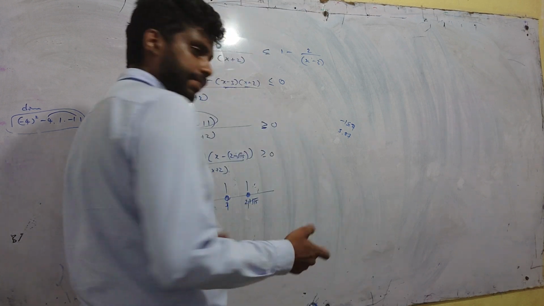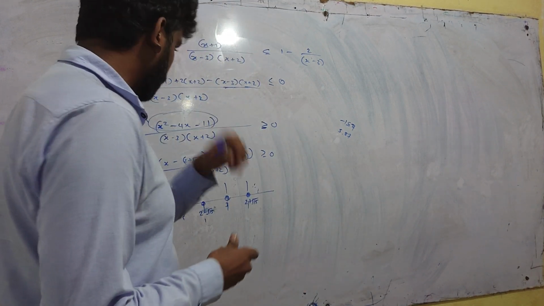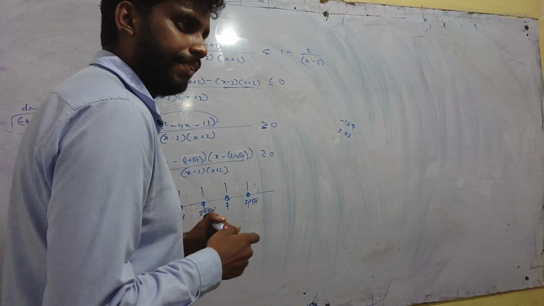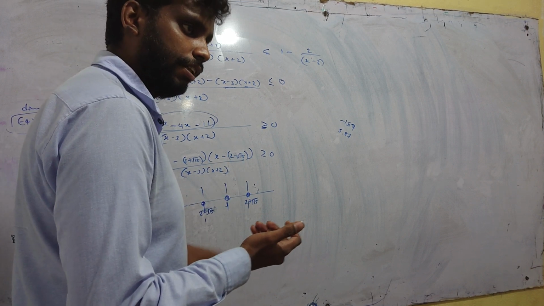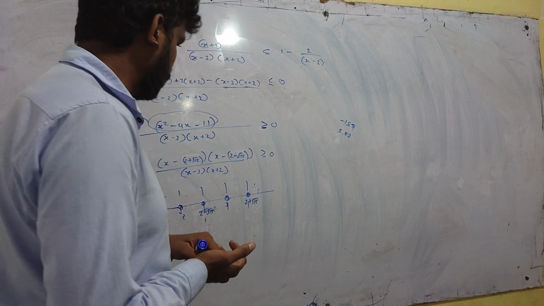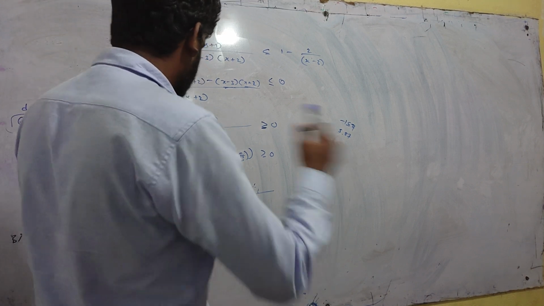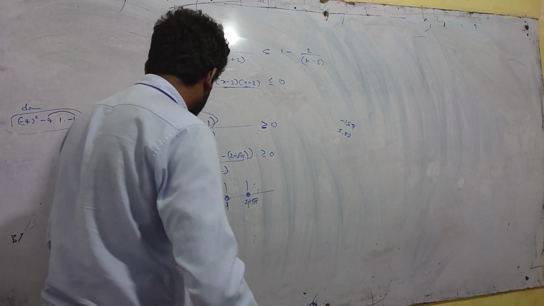Otherwise, you can insert this expression into your calculator and the default value can be edited. Default value of x, you can register x as something less than minus 2. Then you can insert everything as a general algebraic expression.